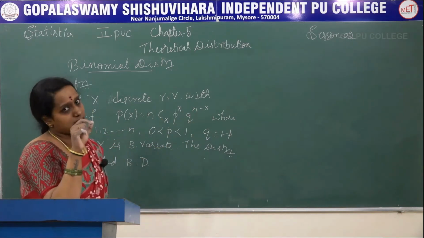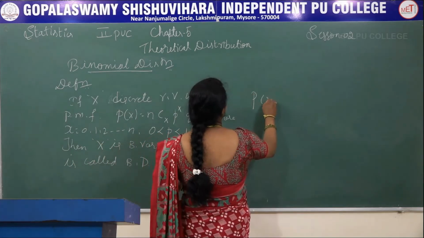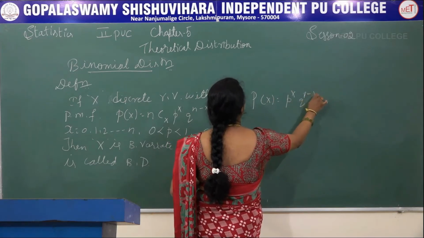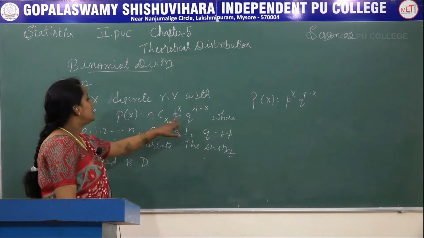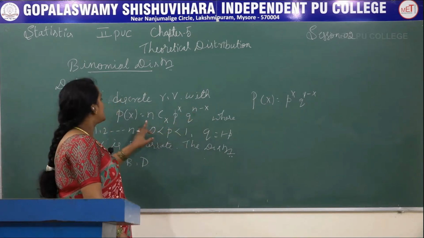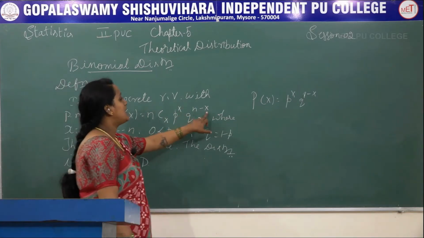In Bernoulli distribution, we are having the PMF P of x is equal to p power x q power 1 minus x. See here, there we are having only one trial. Here number of trials are more. We can take the trial till n, so that it is a combination nCx p power x q power n minus x.